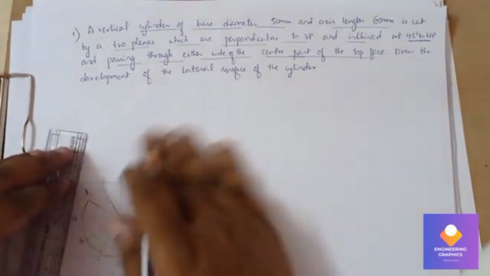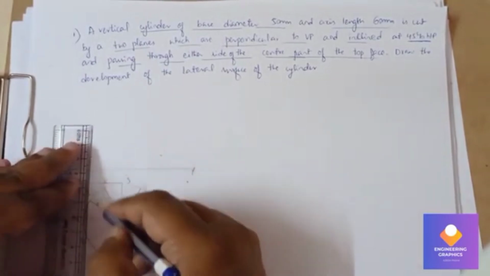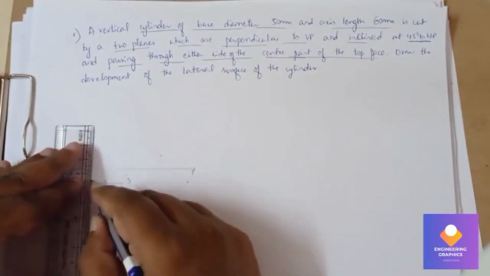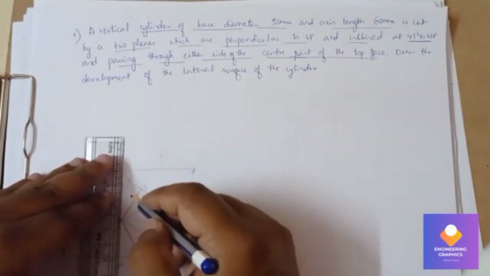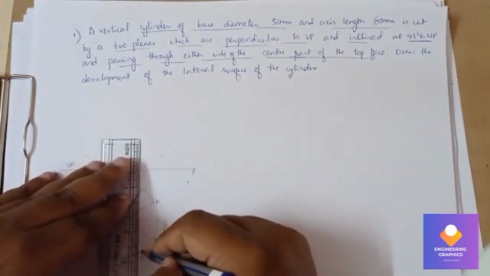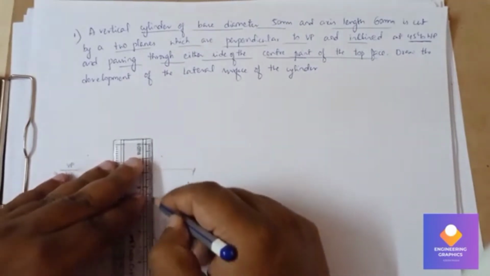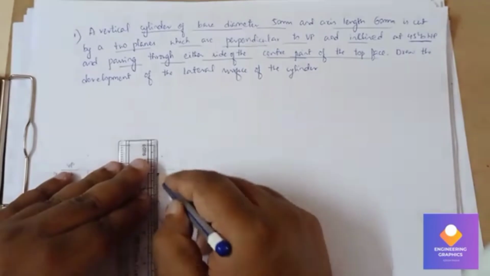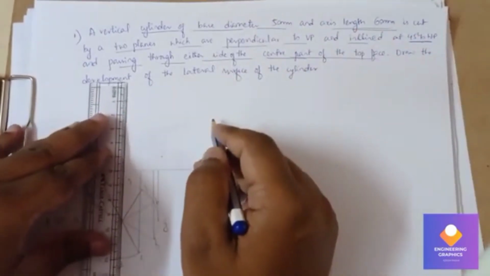Now we have to project it upward to complete the front view. The front view of a cylinder will be a rectangular face. Consider an axis length of 60 here.